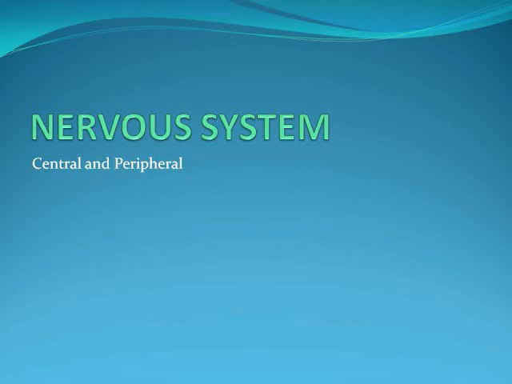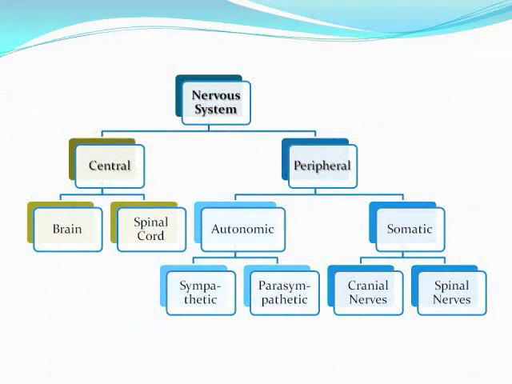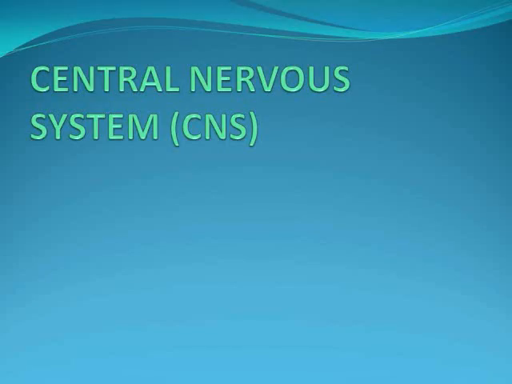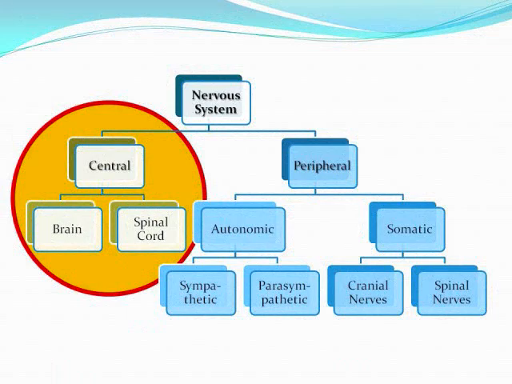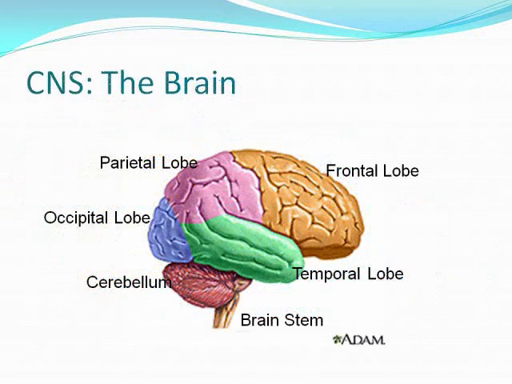All right, let's look at the central and peripheral nervous systems. Here's a diagram of how they all fit together, and we're going to be breaking these down into pieces. The central nervous system, also known as the CNS. We see the central nervous system is made of the brain and the spinal cord.